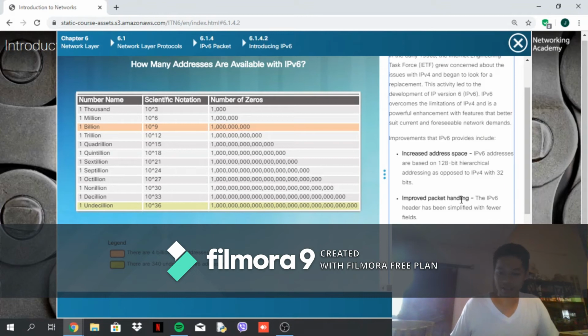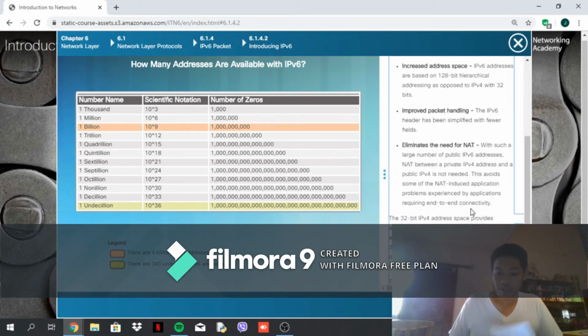Also, guys, it improved packet handling. It eliminates the need for NAT, or network address translation tables. It can also be used by different devices, not only laptops.